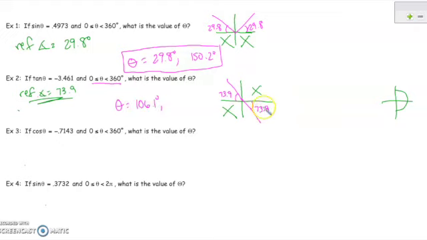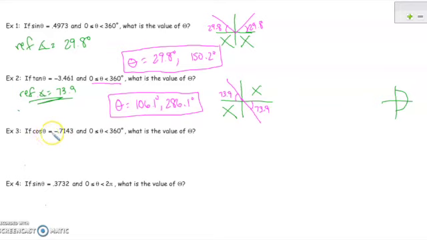And then here we do 360 minus 73.9, which is going to be 286.1 degrees. Now, if you notice, the reference angle we got, 73.9, is not an answer because our reference angle is in quadrant 1, okay, which is not where we have answers. We only have answers in quadrants 2 and 4 because that's where tangent is negative, okay?